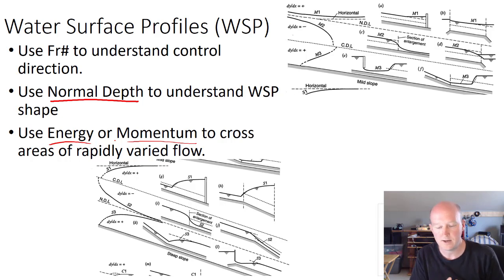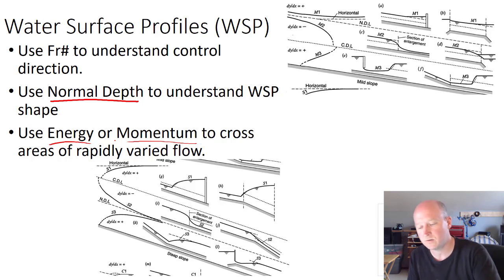And so these things are going to be grouped based on the slope of the channel. And we haven't talked about that. It's not even the slope of the channel; it's about the normal depth, whether the Froude number is less than 1 or greater than 1.